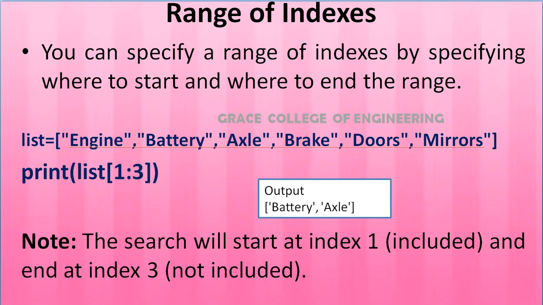We mention the starting index value and the ending index value. Please note the starting index value will be included in the output, but the ending index value will not be included in the output. Right? So it starts from 1. So battery and axle are printed as the output.